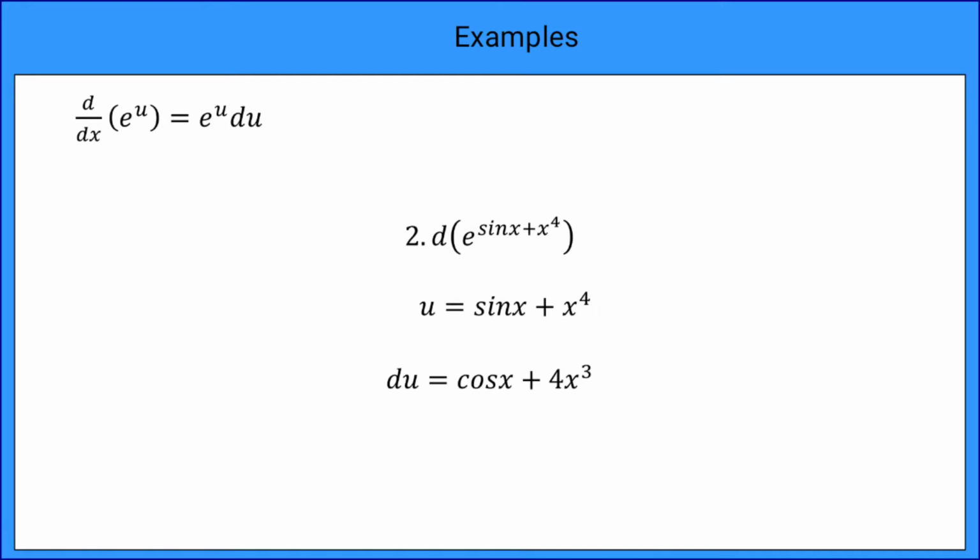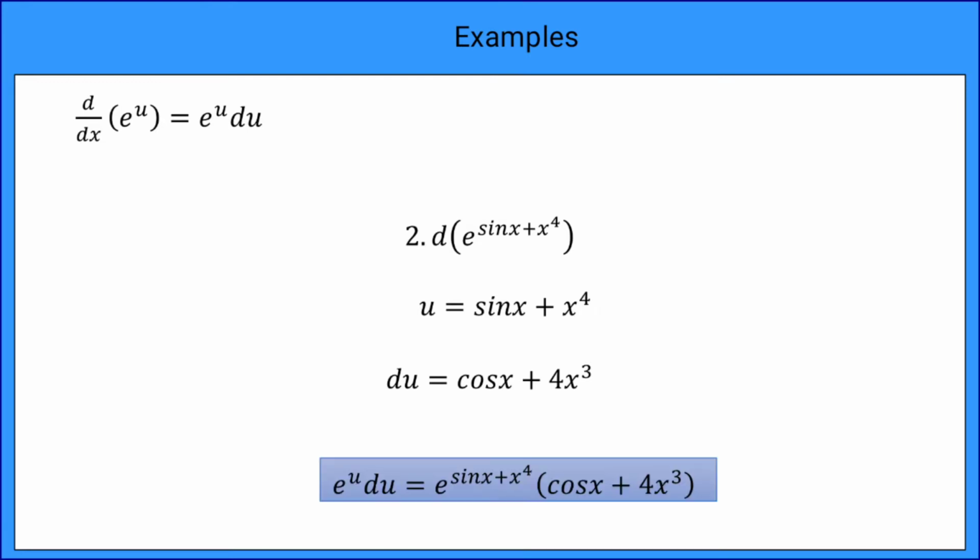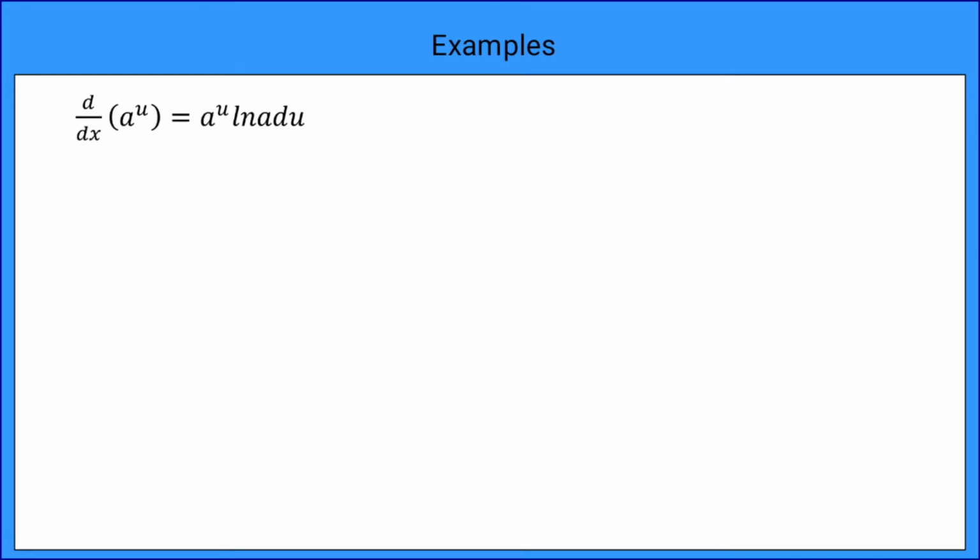And using the power rule for x to the fourth power, the derivative is 4x cubed. Using the rule e raised to u du, we get e raised to sine x plus x to the fourth power, times cosine x plus 4x cubed.